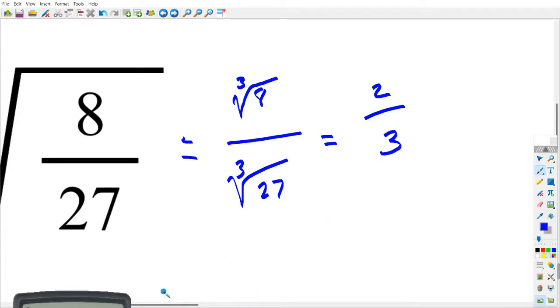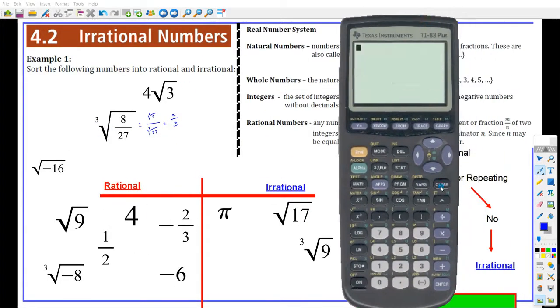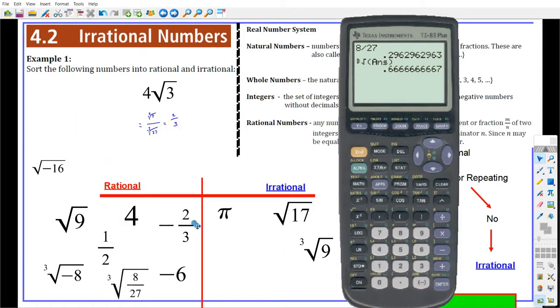So if you put the cube root of 8/27 in your calculator, and you can do it a few different ways, but if I just say what's 8/27 as a decimal, and then I hit math, you can already see that it's a repeating decimal, which we would expect, that it's either terminating or repeating because it's a fraction. Then we take the cube root of that number. What do we get? We get 0.6 repeating, which is what we expected. So although it looks kind of ugly, it is a rational number.